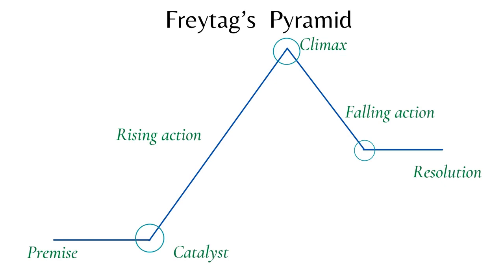It is also known as the setup or the exposition. So it's basically the beginning, because the story that you're writing has to start somewhere. So the premise, the exposition or the setup, is the beginning of the story.